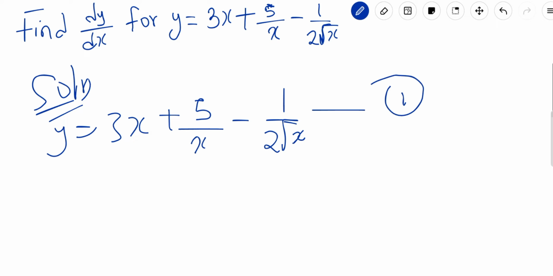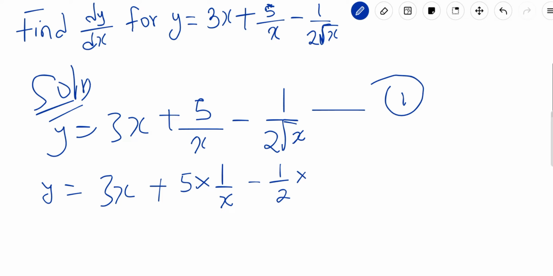So transforming equation 1, we can have that y is equal to 3x plus 5 over x, which is the same thing as saying 5 multiplied by 1 over x, minus 1 over 2 root x, which is the same thing as saying 1 over 2 multiplied by 1 over root x.